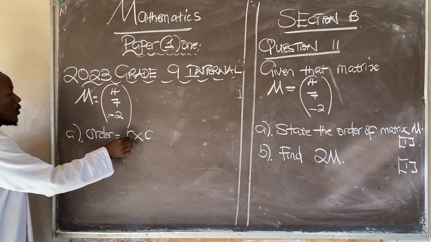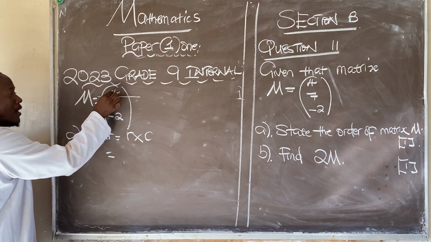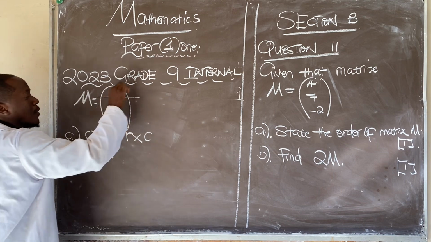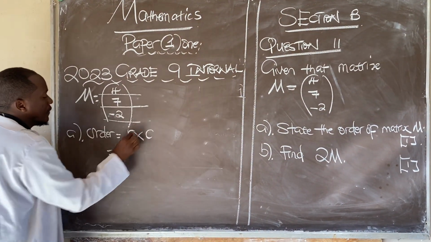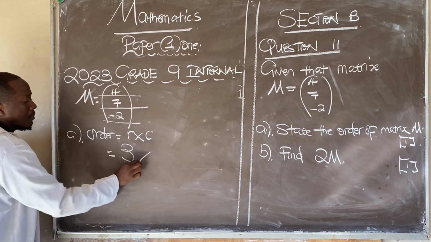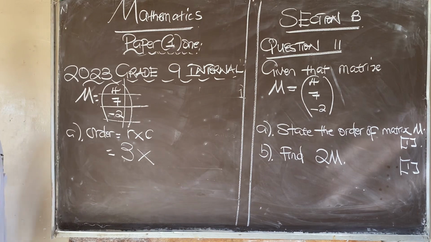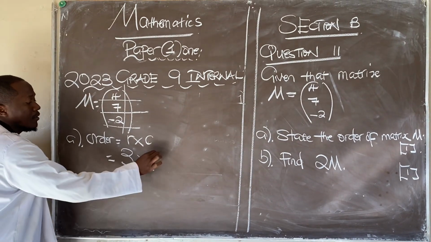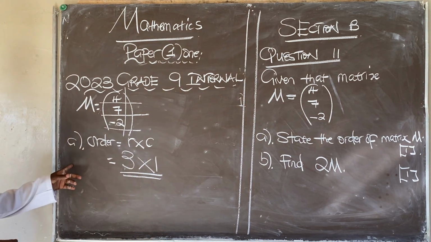On the rows, we've got 4, 7, negative 2, so we're going to have 3 multiplied by. On the columns, we only have one set of numbers in the same line. So I'm going to say 3 by 1. Having done that, it means we've answered A.